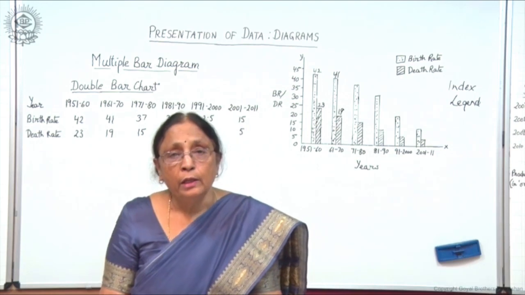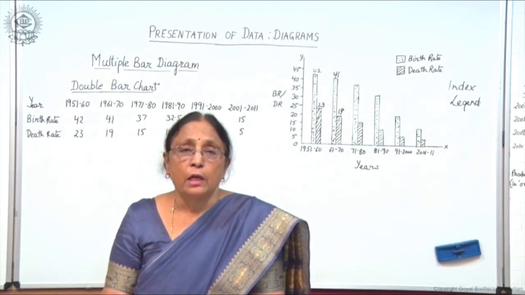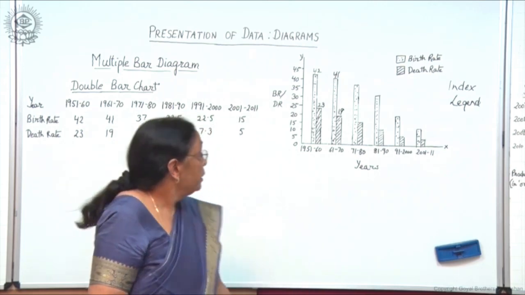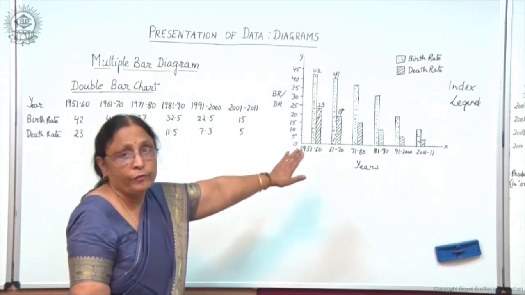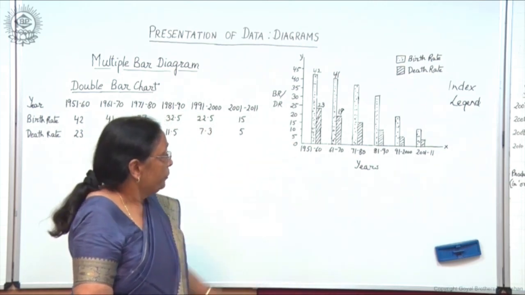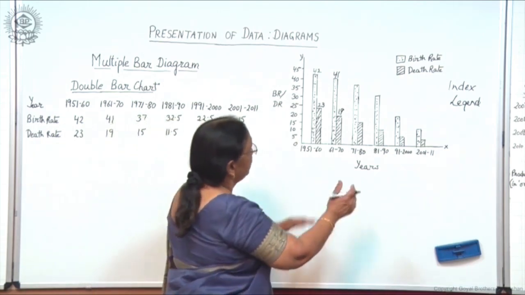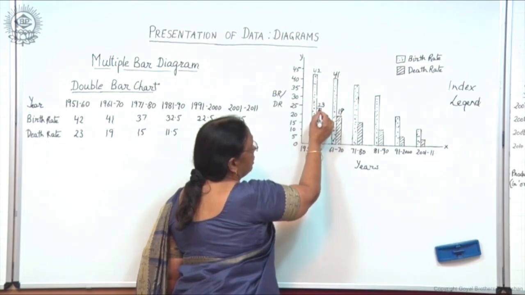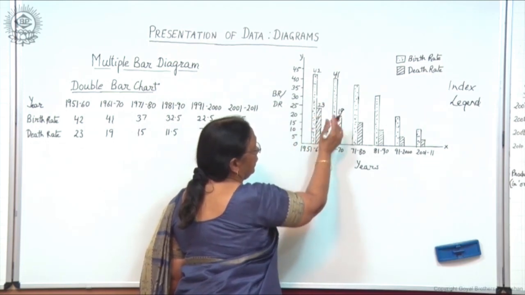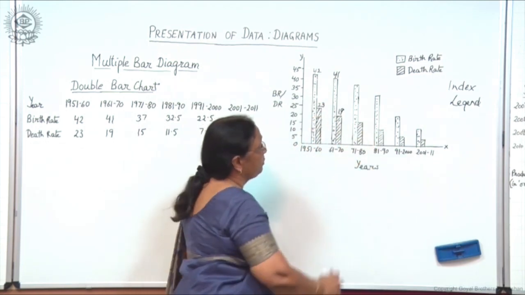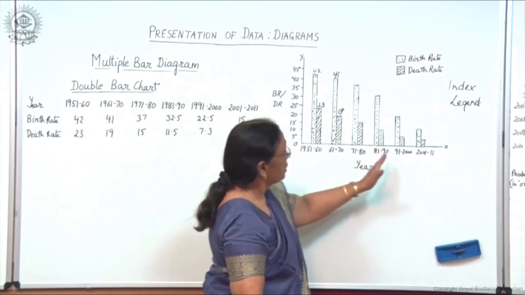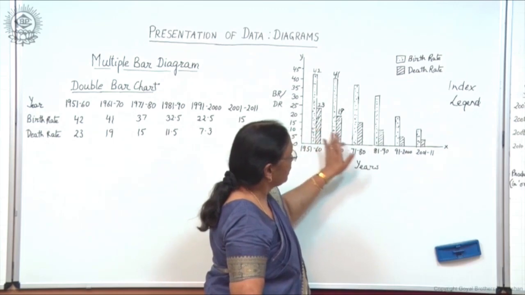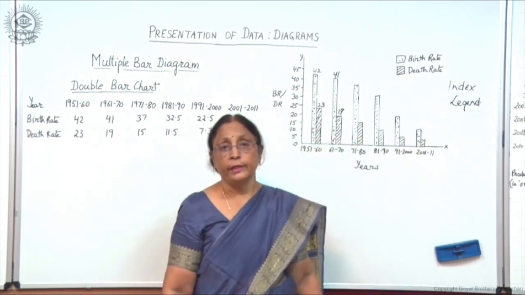This way two bars are joined together to make a set of data, and with this type of distribution you can easily make out that birth rate is high and how much the death rate is. So you can make the comparison, and in different years you can say that birth rate has declined and side by side death rate has also declined.